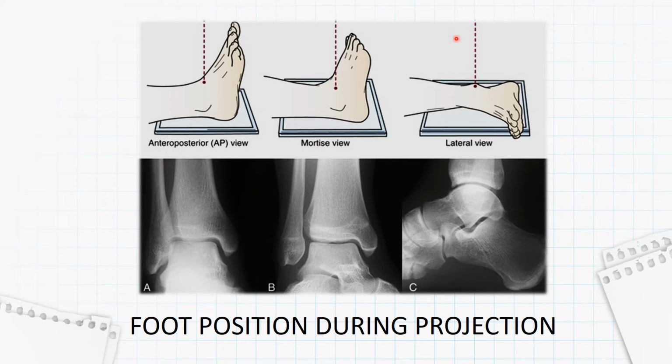This is the lateral foot position, and this is the outcome of the lateral view of the ankle. This is additional because it is a special projection for the ankle. For this evaluation I will focus only on the lateral and the AP projections.